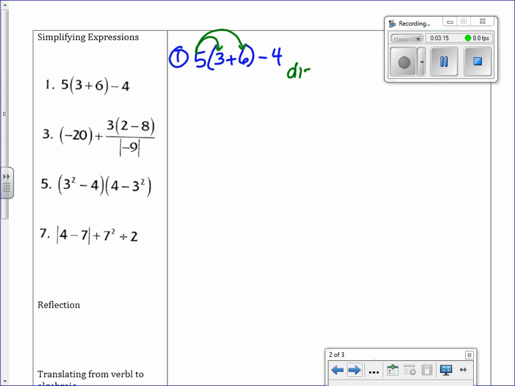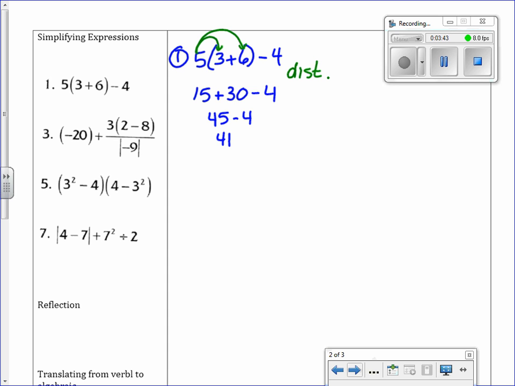That's where I'm using the distributive property. And I end up with 15 plus 30 minus 4. Now, there really aren't any other properties involved here, just doing addition and subtraction going left to right. So I have 45 minus 4, which is 41.